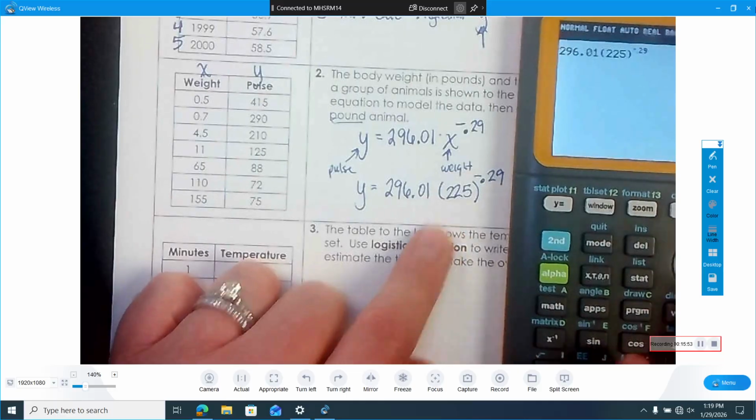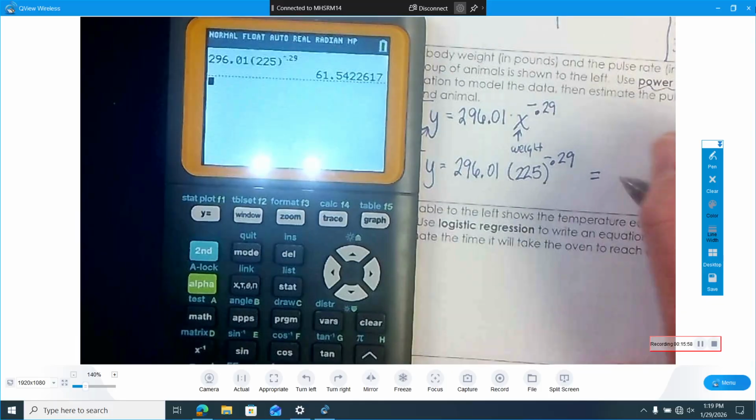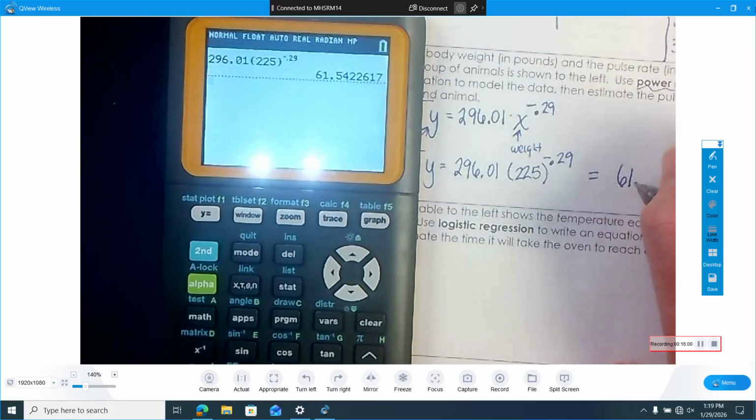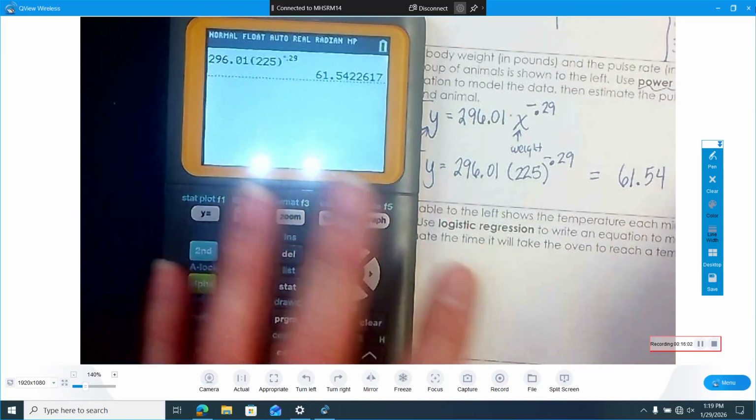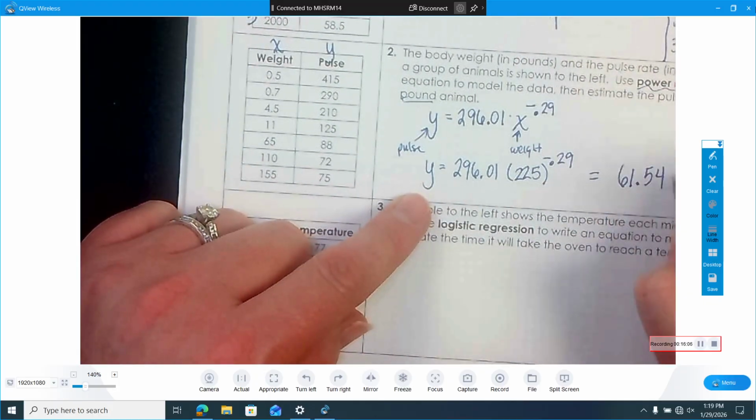So I'm just plugging it straight in. No solving required, just evaluating. 61.54. And that was the pulse rate. So that's the pulse rate in beats per minute.